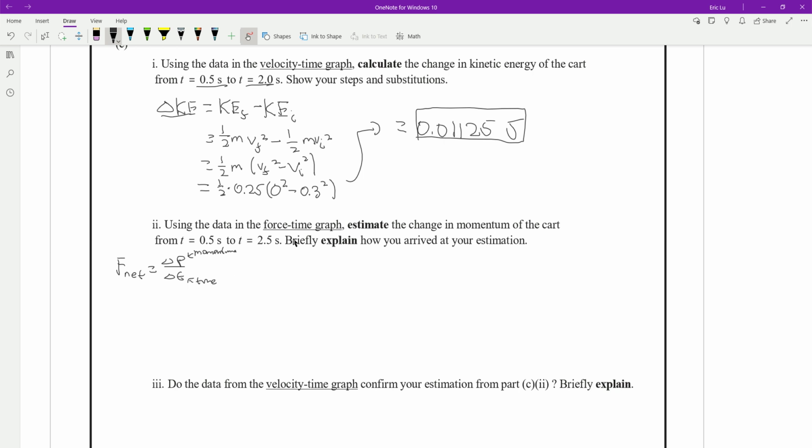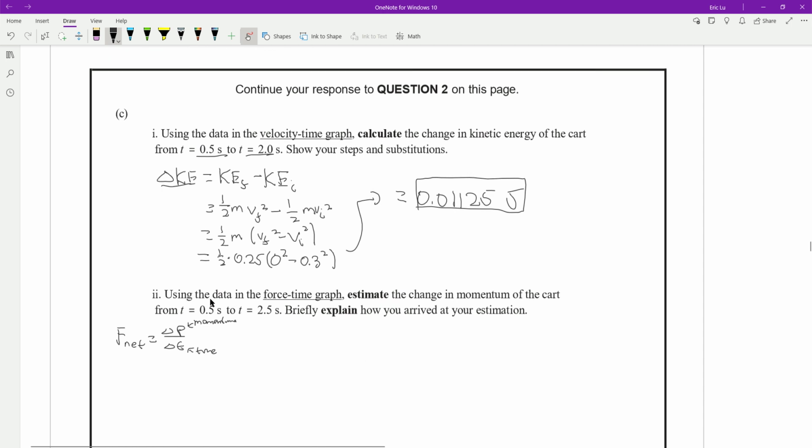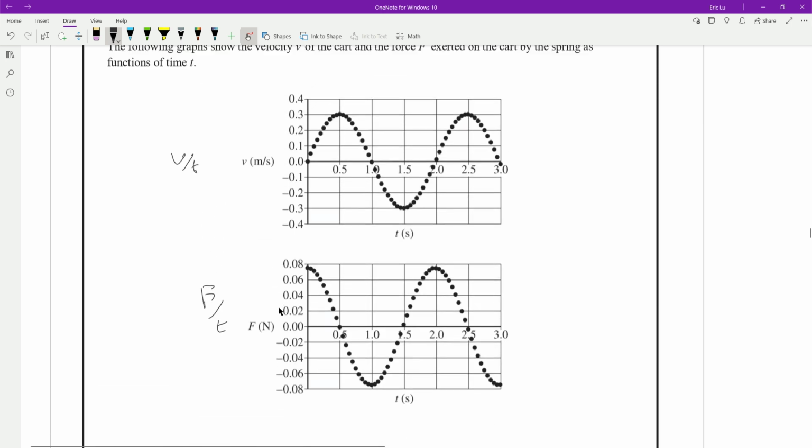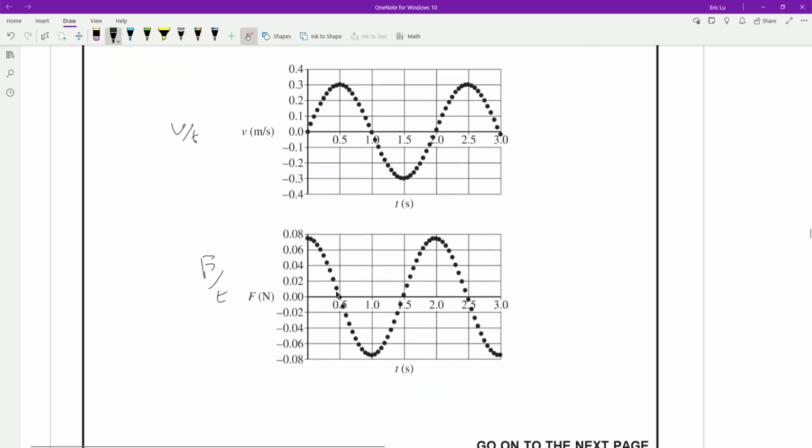So from 0.5 seconds to 2.5 seconds, the net force would be equal to 0, because at 0.5 seconds, the force is at 0, but at 2.5 seconds, the force is also at 0. So the net force is 0.